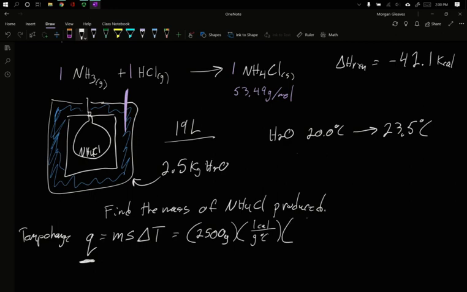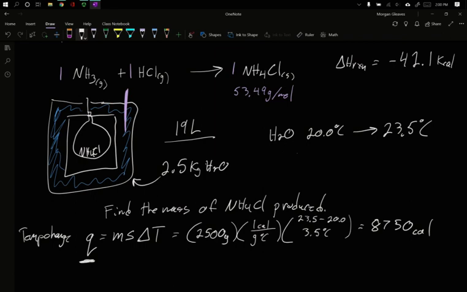And our delta T is our final 23.5 minus the initial 20.0, so 3.5 degrees Celsius. How much energy went into the water to get it to heat up those 3.5 degrees? 2,500 times 1 times 3.5 is 8750 small c calories.